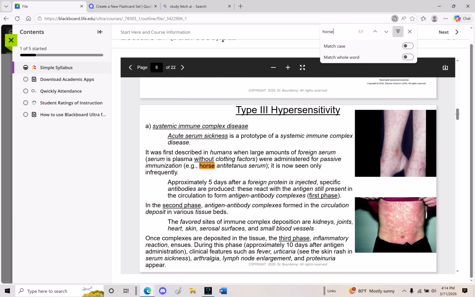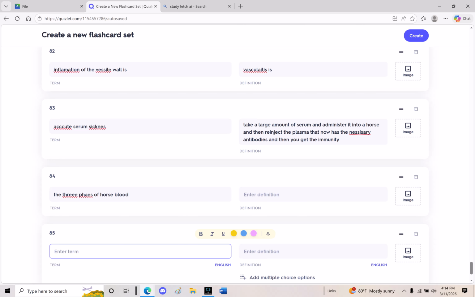So, you have a horse. You're injecting this horse with the inactivated form of the toxin. It was the inactive form of the toxin, so the horse was fine. The horse immune system would do the same thing the human immune system would do, and create antibodies for tetanus.